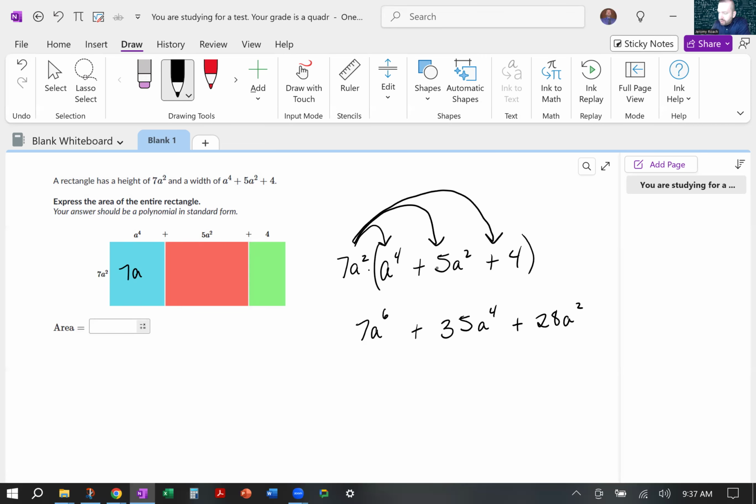So for the blue section, it would be that. This would be 35a to the fourth, and this one would be 28a squared. So that's our final answer for that one. It is in standard form as well, because we're going from the greatest degree to the least in descending. Let me just type this in here, and we'll go to the next question.